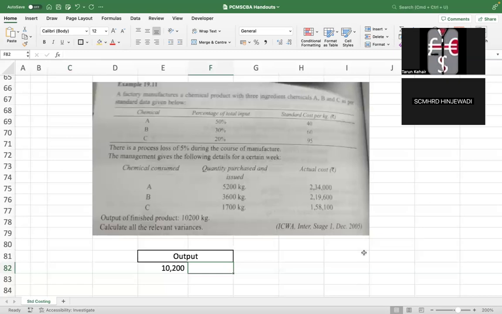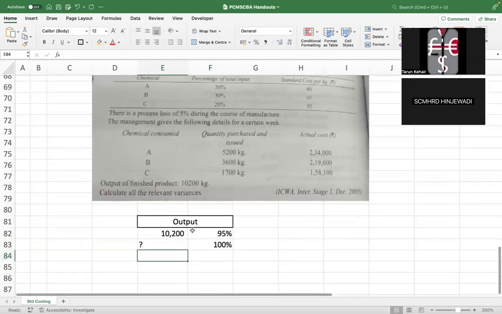Output of 10,200 kgs would mean how much of standard quantity is required for this output. So if this is 95%, then what is 100%? That's the question that you need to ask yourself.